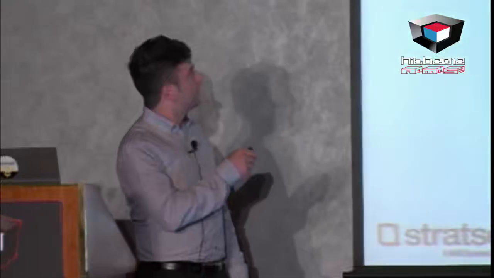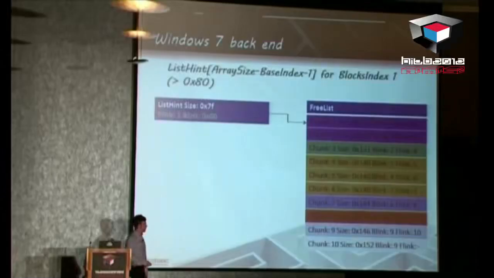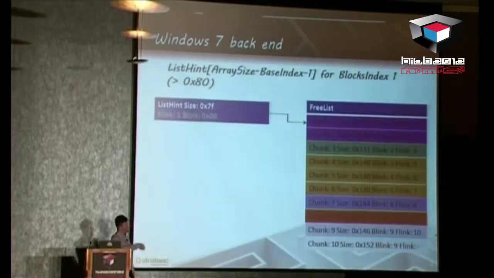There's 1 blocks index by default, and if chunks are bigger than 1024, they'll be stored in here in order of size, and it will point to the first one. And if there's a second blocks index, then the chunks bigger than 1024 will be stored in the second blocks index in the list hints, as we saw before.